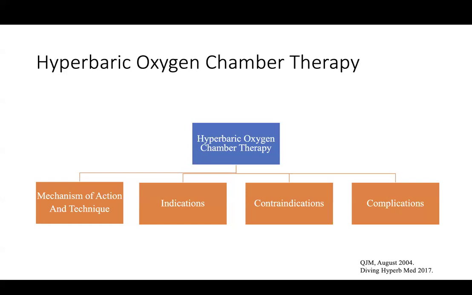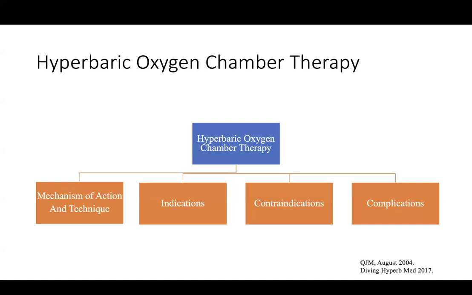The technique involves a multi-place chamber. It enables close monitoring of critically ill patients, and the chamber pressure is maintained between 2.5 to 3 atmospheres, with a treatment time which can last between 45 to 300 minutes.